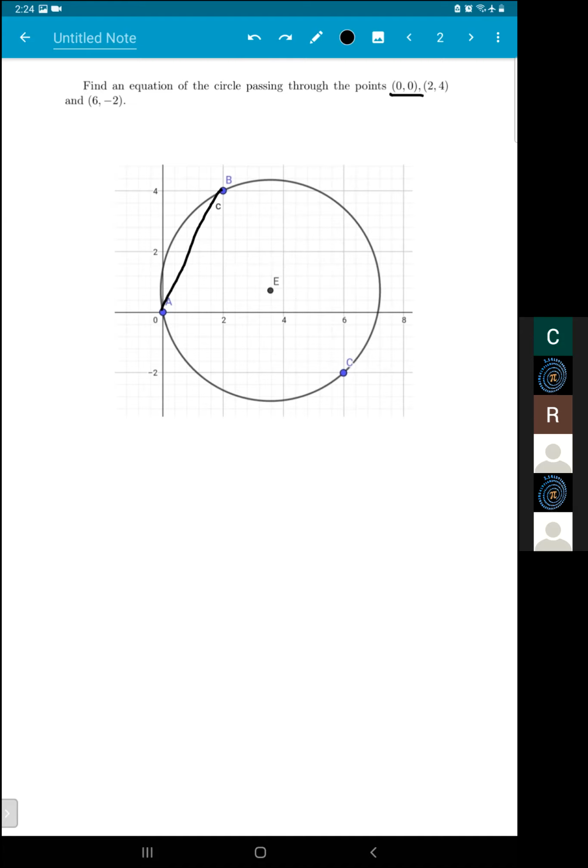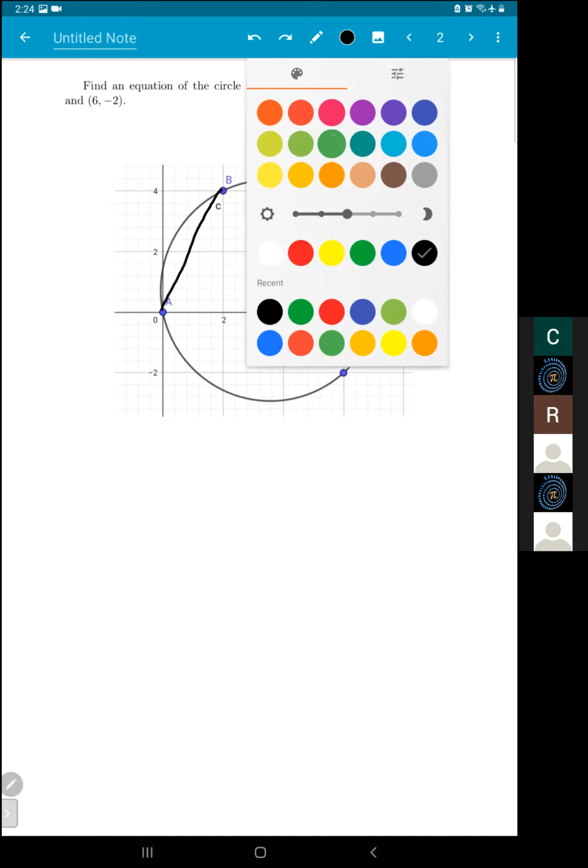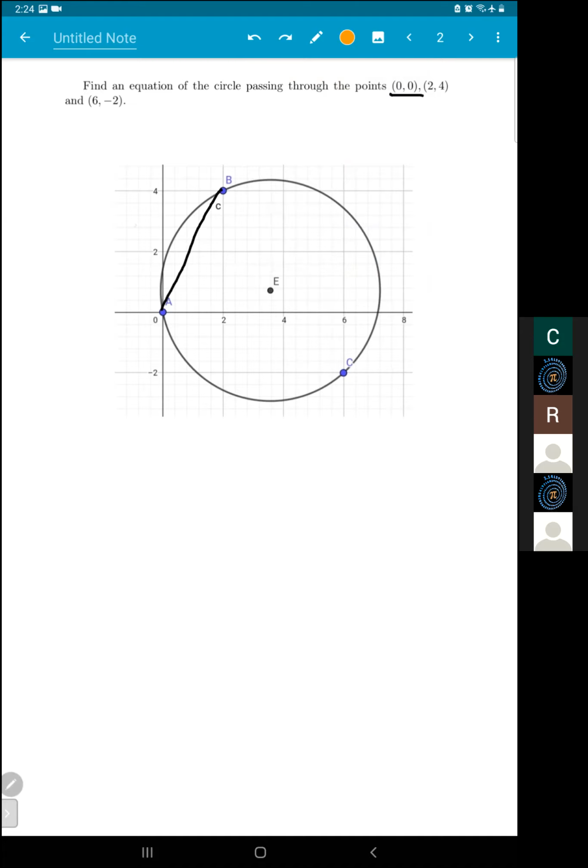It's defined to be a line that bisects the chord or the line segment and passes through the midpoint. So it bisects, meaning it passes through the midpoint and it is perpendicular. Now, it is always true that the perpendicular bisector of any chord of a circle passes through the center of the circle.